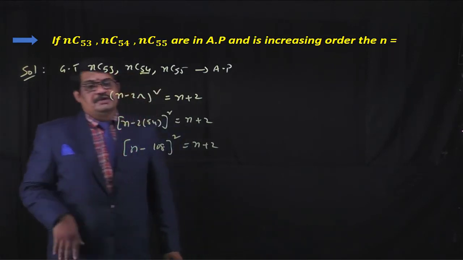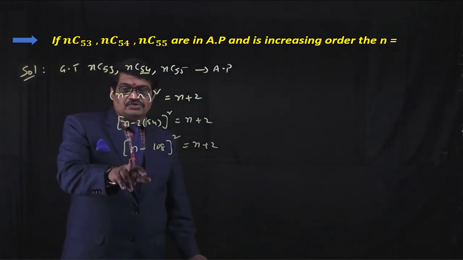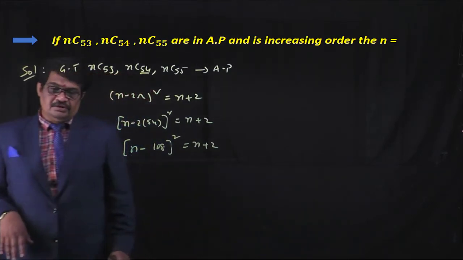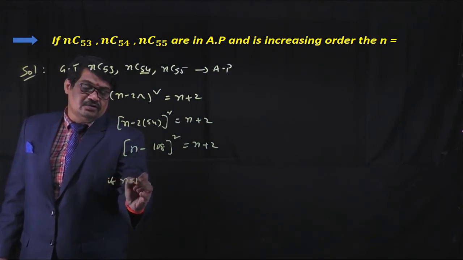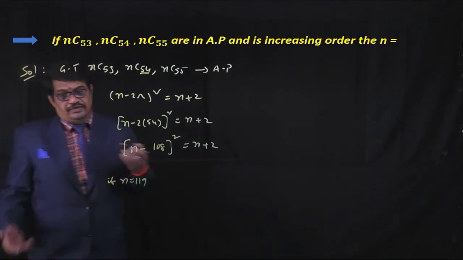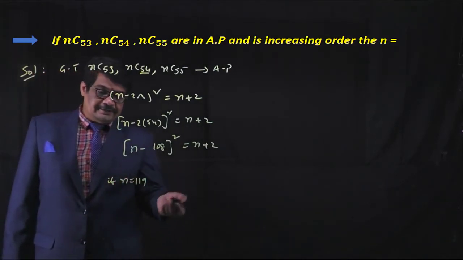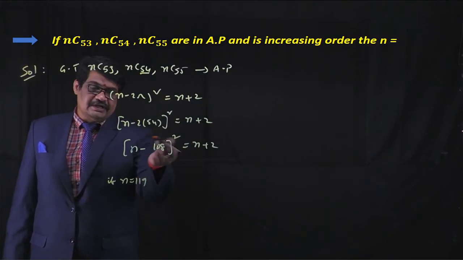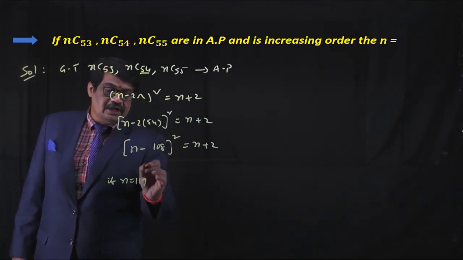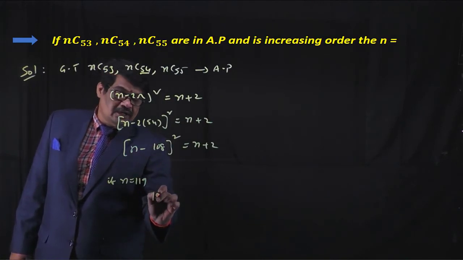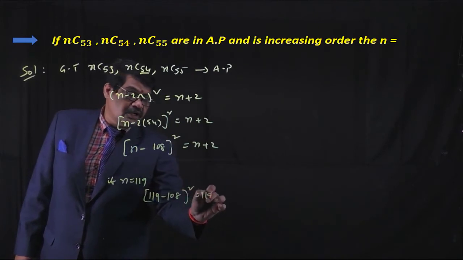After simplification or factorizing, we get the n value. The other method is verifying in the options, choosing which one is the correct value of n. If we take n = 119, in the options the value of n is satisfying. Here n is 119, then (119 − 108)² = 119 + 2.